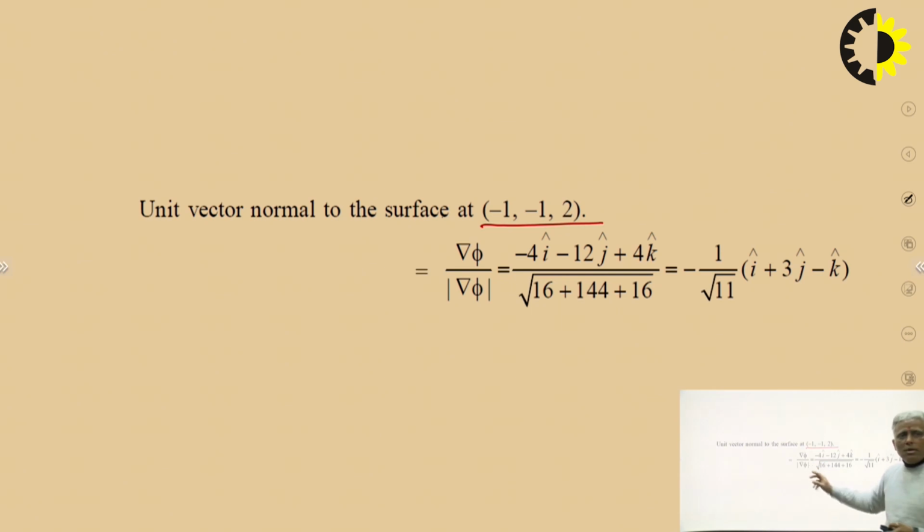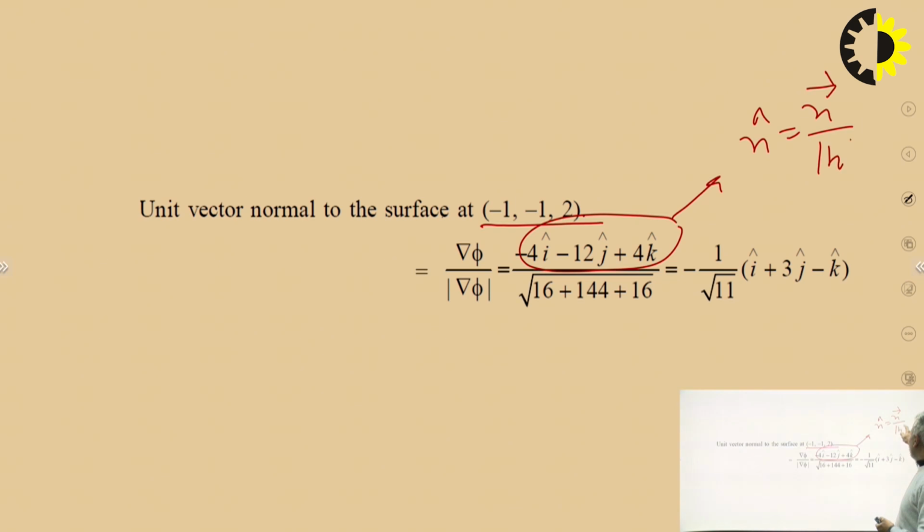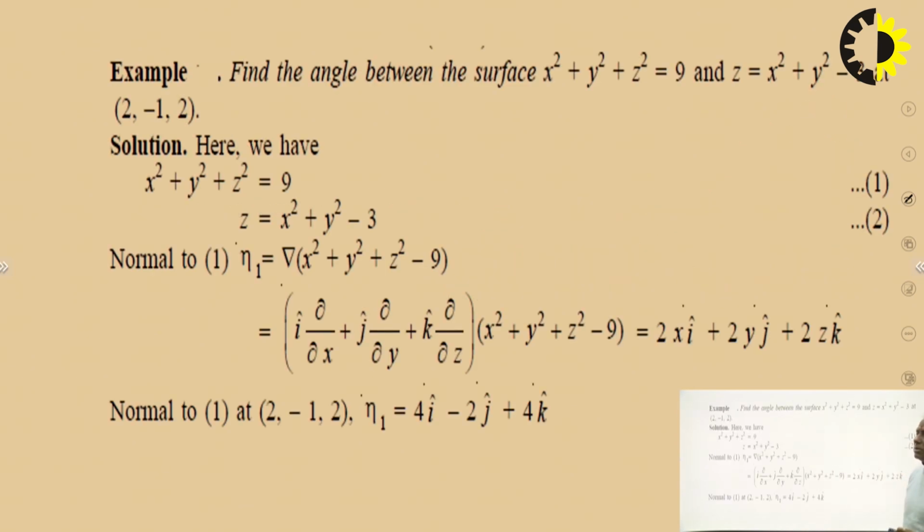Del phi upon magnitude of del phi, putting in the value of this. We can write it in the form n cap is equal to vector n upon magnitude of vector n, right? That is known as the unit normal to the surface, and the result will be here 1 upon root 11, (i + 3j - k). In this way, we can solve the given problem.